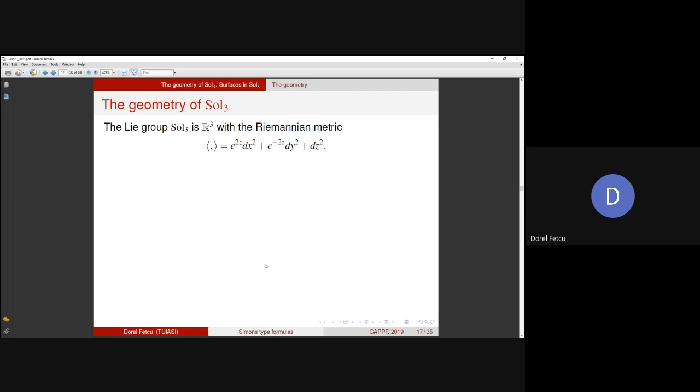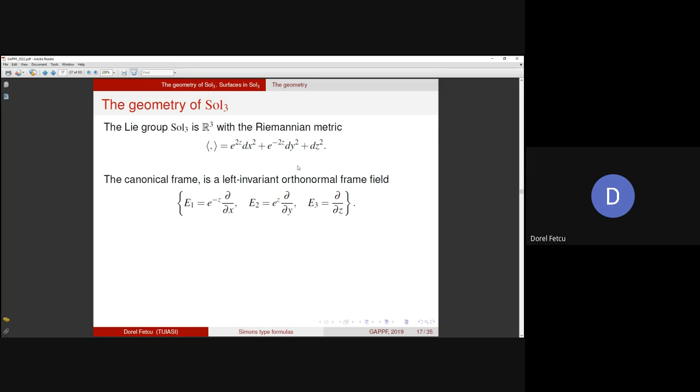Now I'd like to say a few words about the space Sol. This is the Lie group Sol. It actually is R3 endowed with a Riemannian metric given by this formula, where X, Y, and Z are the usual coordinates on R3.